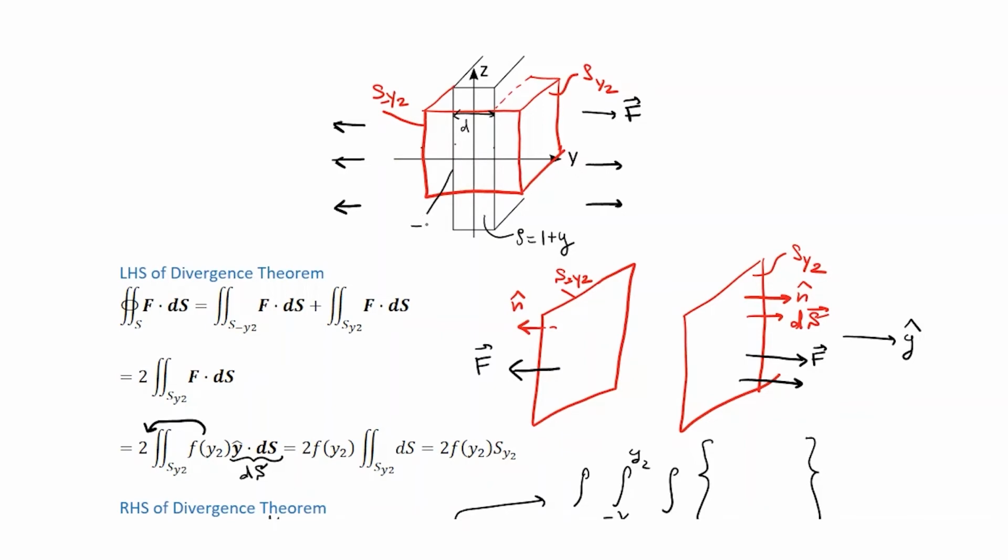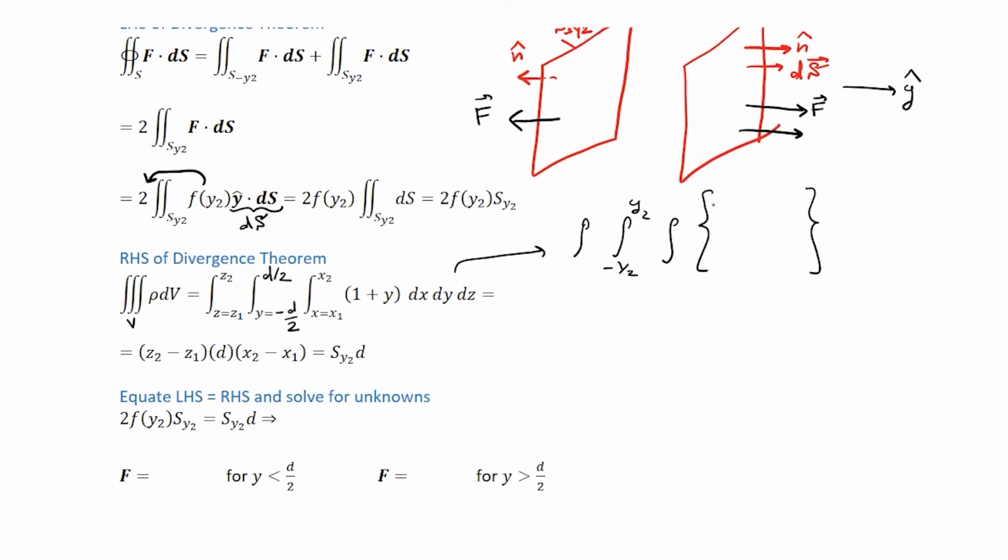Let me actually label it: negative d over 2 to d over 2. So then you would write something like 1 plus y for y between negative d over 2 and d over 2, and 0 otherwise. And then you would continue with setting up the integral. The next step simplifies to this, which is why I just skipped it and wrote this directly, but it's really important that I put the actual bounds of the charge instead of the bounds of the Gaussian surface in here.